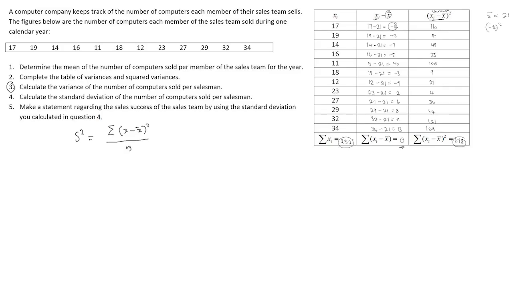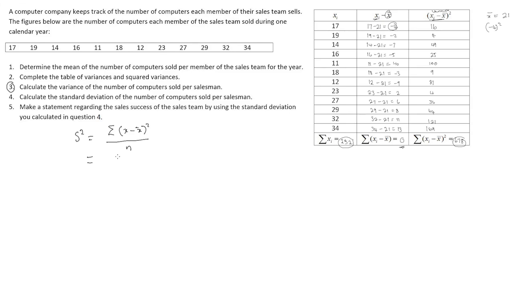Once you have the correct formula, you must always make sure that your students have the correct formula before they start substituting. Substituting is very, very easy. So you can show them basically that here we have the variance is exactly the same as the one that you had in your table. That is why we use that table.